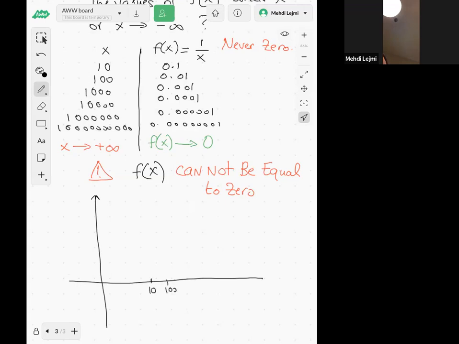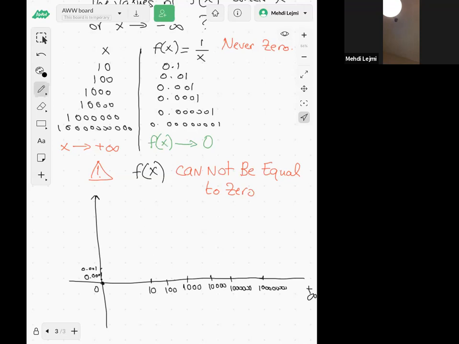This is 100, this is 1,000, this is 10,000, this is 1 million, this is 1 billion, etc. So we are approaching positive infinity. And then you have values like 0.01 or something, very, very small numbers, with 5 zeros or whatever.